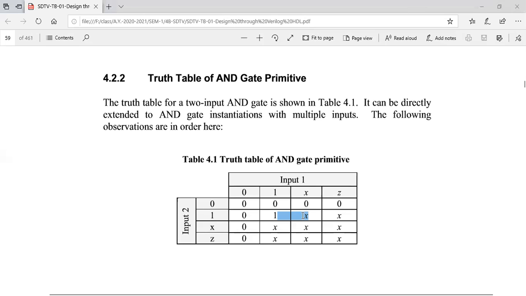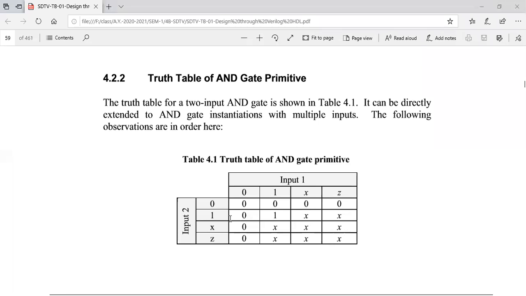One input is 1 and the other is z. We don't mention that as output. That point we have already discussed in the previous class. The output will not be moved to the high impedance state. Generally, we don't make them move to the high impedance state, so generally we will be indicating it with the help of X only.